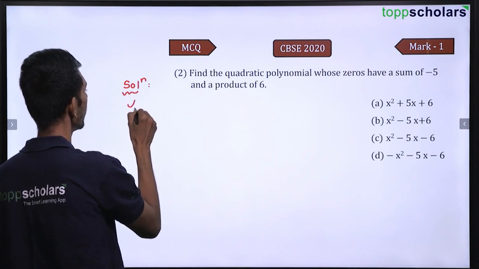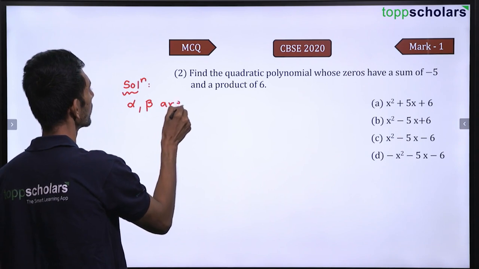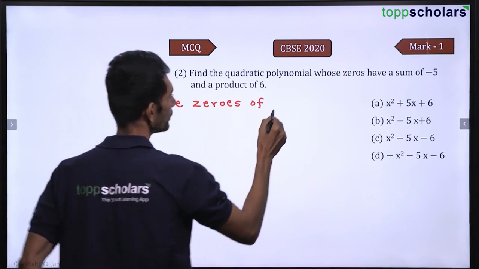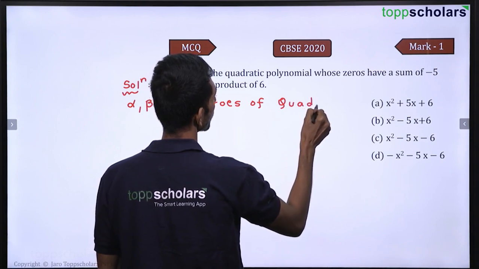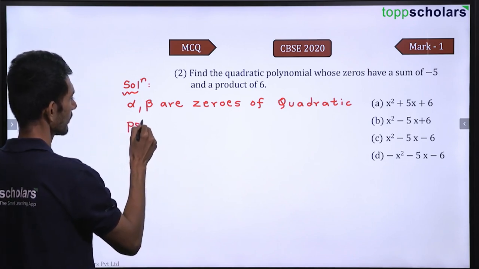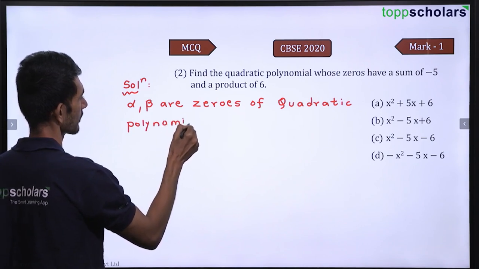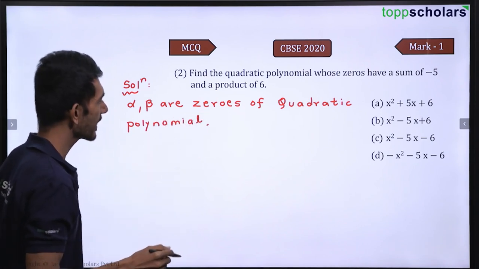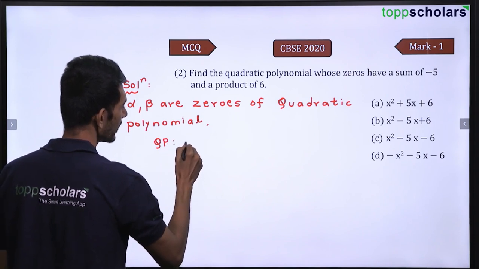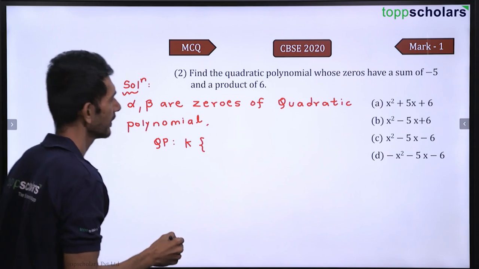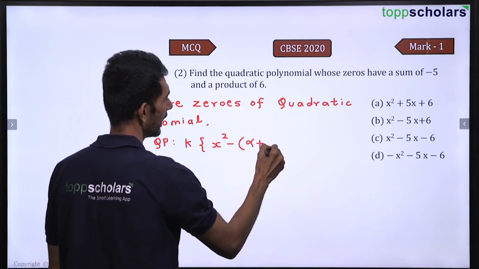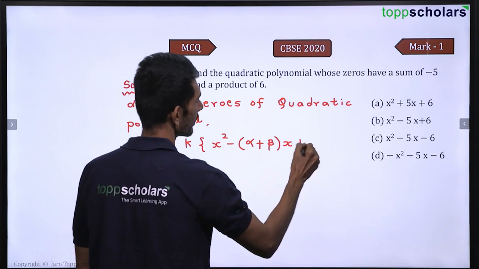So whenever alpha and beta are the zeros of a quadratic polynomial, the polynomial is given by k times, there is some constant k, into, this is the main thing, x square minus alpha plus beta times x plus alpha beta.